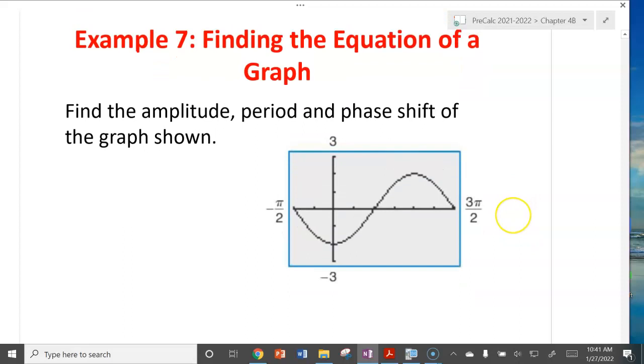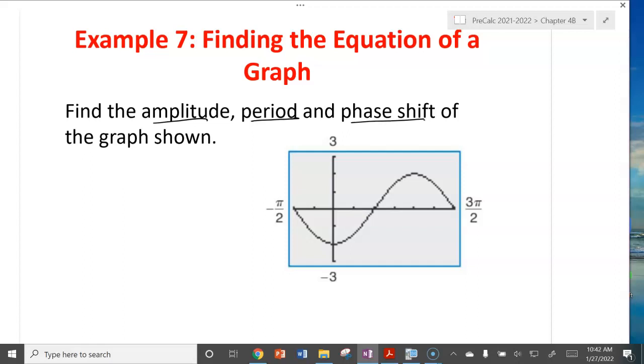All right, last thing we're going to do is find the equation from the graph. So what we've been doing up until this point is starting with the equation and sketching the graph. Now we're going to go the other way. And we need to find the amplitude, the period, the phase shift. Also, we need to see if we're going to shift vertically.